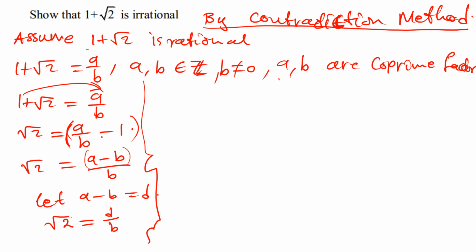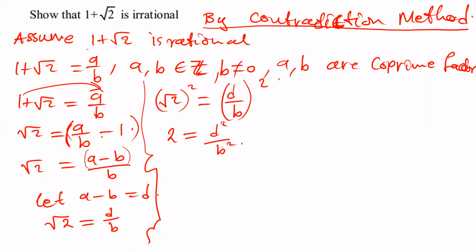So we're going to square both sides of the equation. When you square both sides, on this side we get 2, and on the other side we have d squared over b squared. Then we do the cross multiplication so that we have d squared being equal to 2b squared.